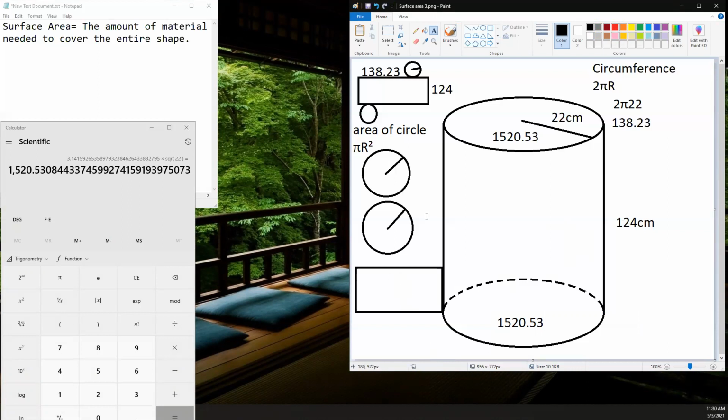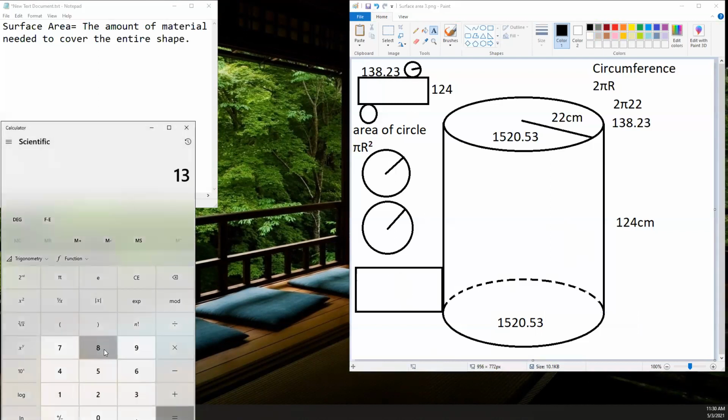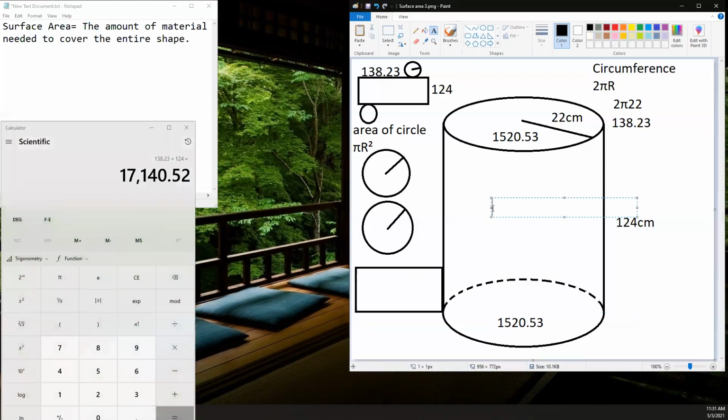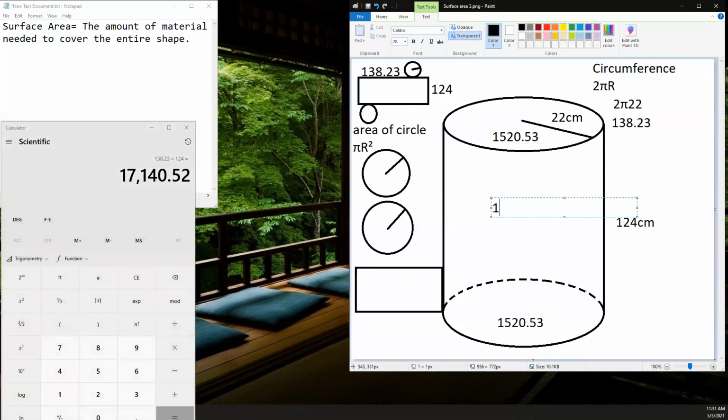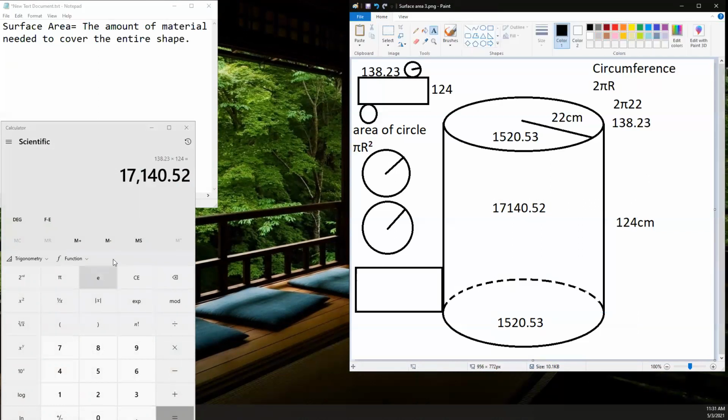And then we've got to do our rectangle, which is these numbers right here. 138.23 times 124 equals. So the middle section is going to be 17,140.52. And now we add them all up.